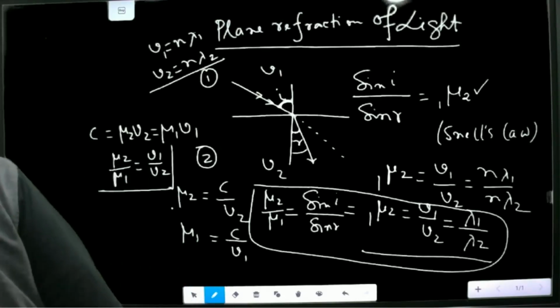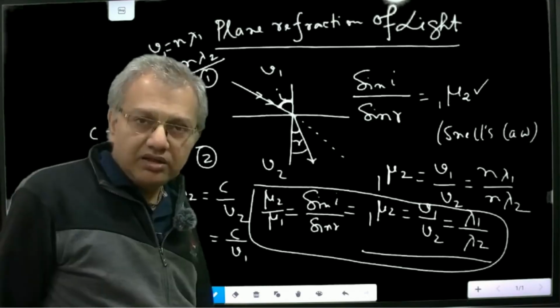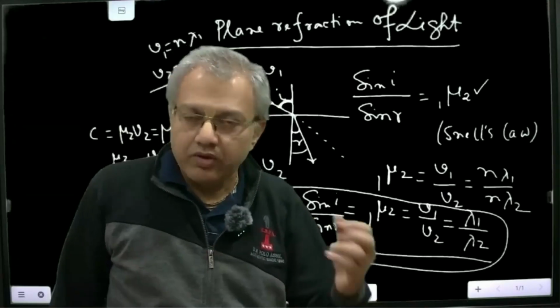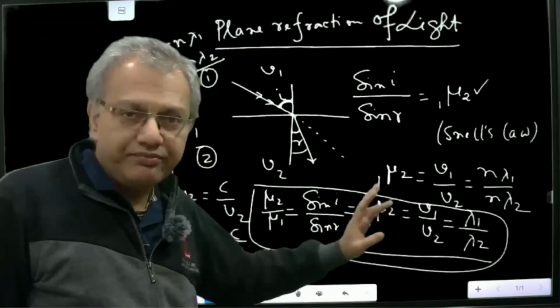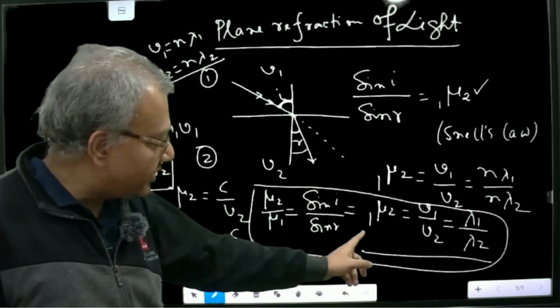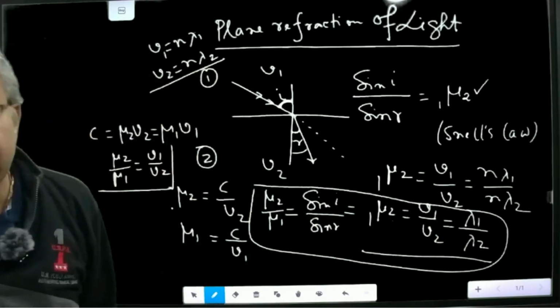Everyone understanding? If your confusion is arising, you just connect with a Vidyanist. No problem, we are going to help you out. But you have to remember this simple thing: mu2 by mu1 is the refractive index of 2 with respect to 1, equal to sin I by sin R, equal to V1 by V2, equal to lambda 1 by lambda 2.